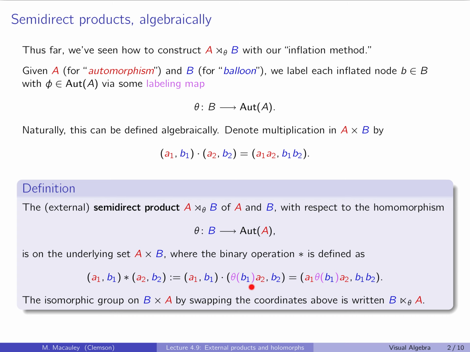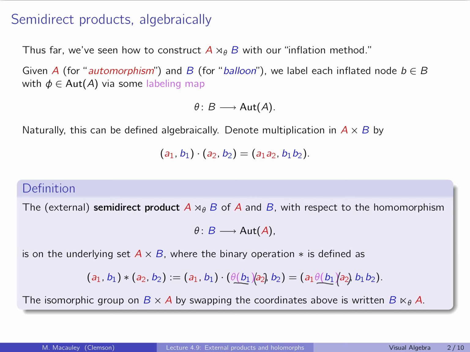So theta of b1, this is the label, which automorphism is prescribed to node b1. We apply that to (a2, b2). So formally, this is the ordered pair (a1 theta of b1 of a2, b1 b2). And just to emphasize, I didn't put it in here, but it's assumed that because this is an automorphism, this whole thing is a function of a2. So these parentheses really should go here, but it's typically omitted because it's clear from the context what we mean.